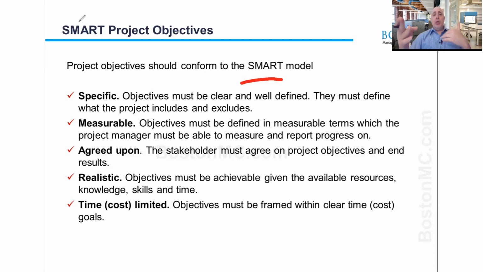Agreed upon between you and the sponsor that this is in fact an objective on the project, that you both agree on it. So it can't be just in their minds or in your head. You've got to both be talking and be on the same page when it comes to the project requirements.